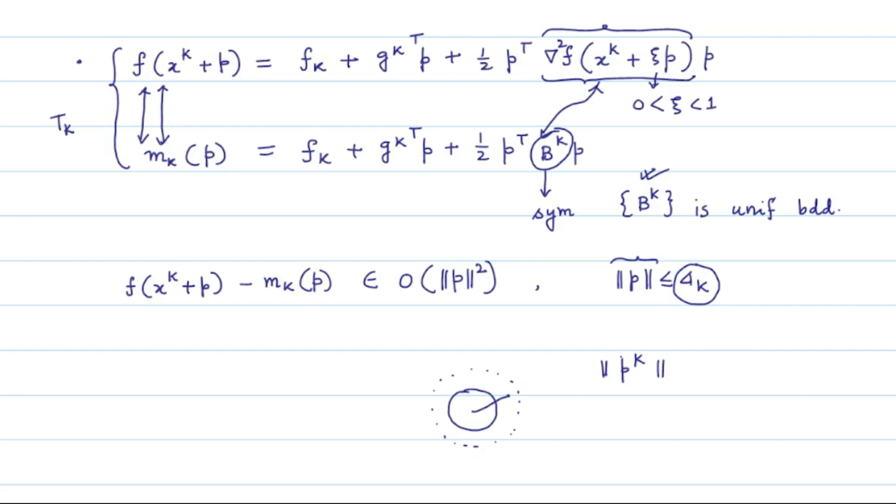So what could be a wise choice of this value of delta k?